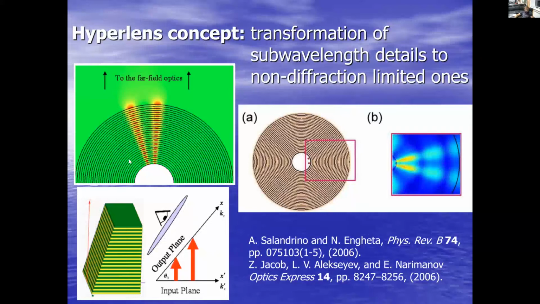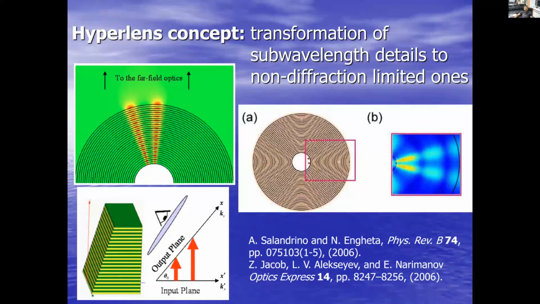The idea was to create a lens which takes two sources, magnifies them, and after that you use far-field optics in order to detect this. It was actually supposed to work in the canalization regime, but the canalization regime was not invented, and people didn't know about that. They were using the hyperbolic regime, but everything was more or less working as soon as these hyperbolas were very close to flat isofrequency contours.